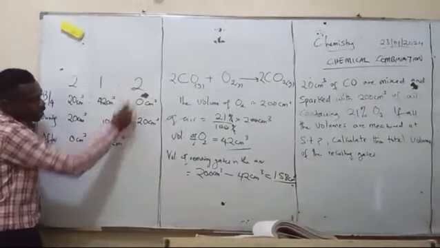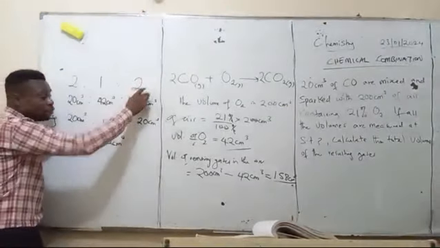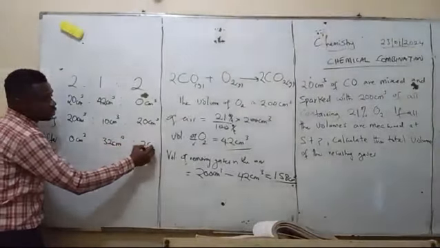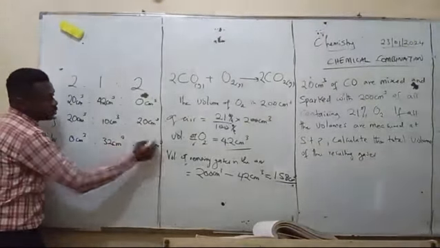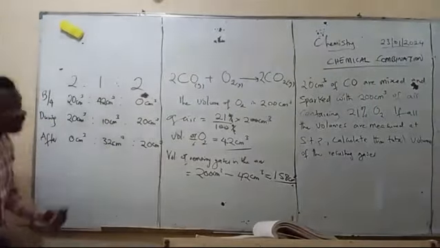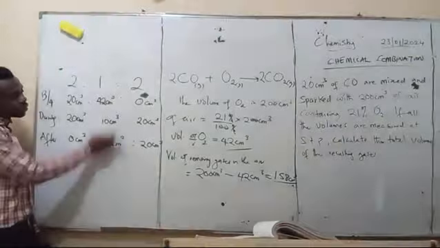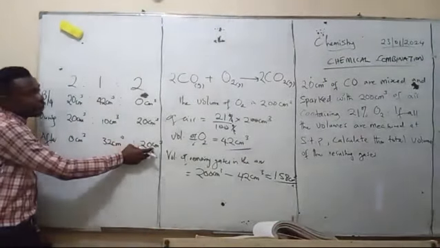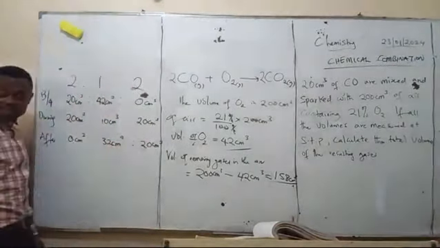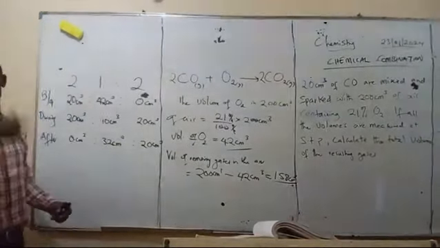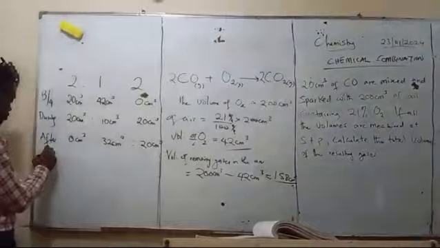Here, 20, this will go the other way around because initially it was 0, but after this was formed, what remains is 20 cm cube. So after the sparking, what remains is 32 cm cube of oxygen, 20 cm cube of carbon 4 oxide.